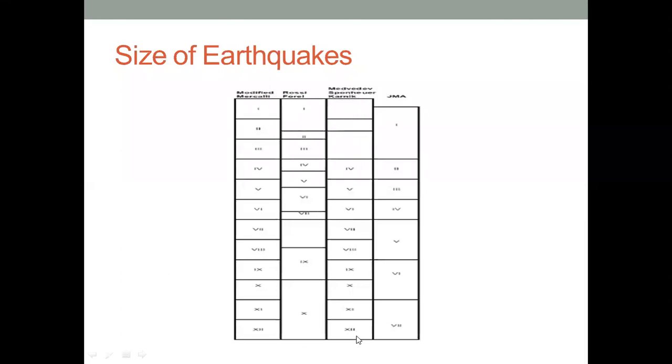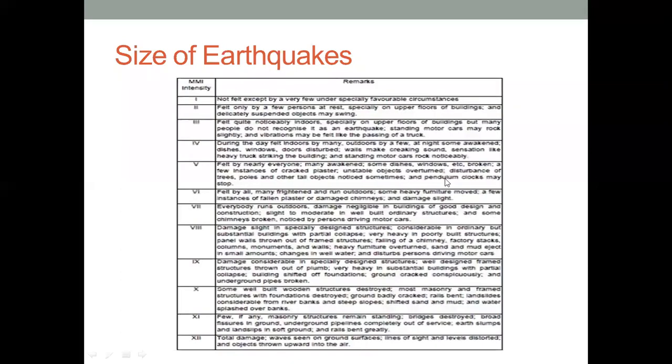In the MSK scale also 12 are there, but the first 3 are removed for their measurements, because there would be very little destruction, only just the vibration felt and objects dropped from the table or walls. Such things are there from the start of the intensity values. And the JMA scale ranges from 1 to 7. So let us see what the values of the MMI scale mean, and their definitions.